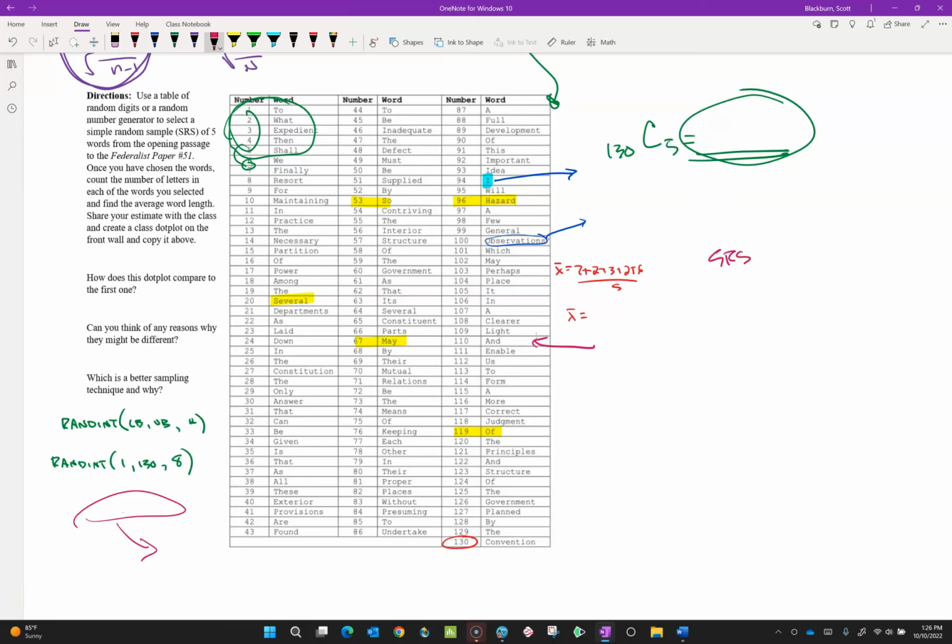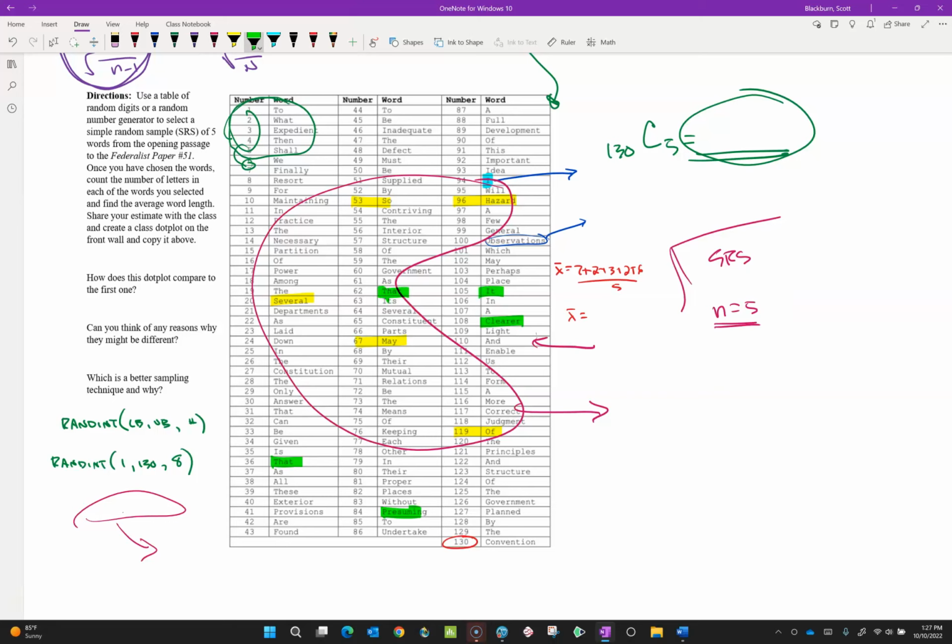No. What makes it an SRS is every sample of size 5 has an equally likely chance of being selected. For example, these 5 words that I selected had the same chance of being selected as these 5 words. Every combination of 5 words has an equally likely chance of being selected. That's what makes it an SRS.